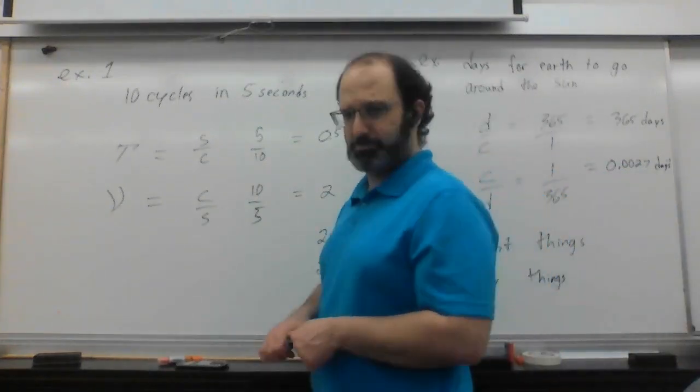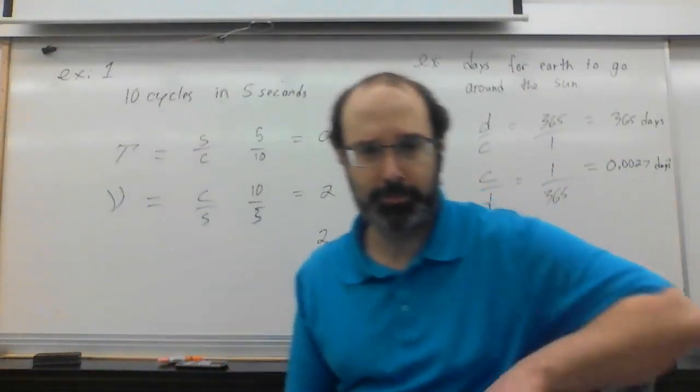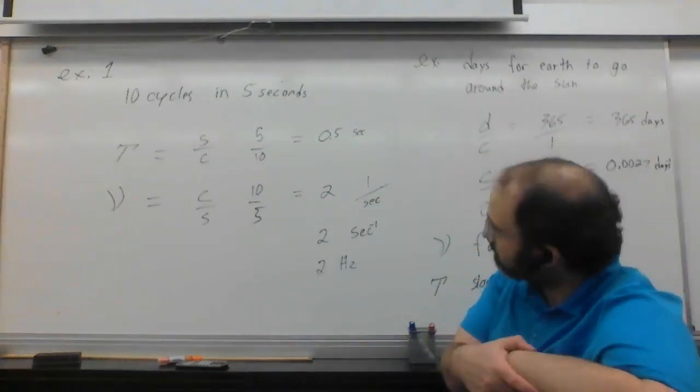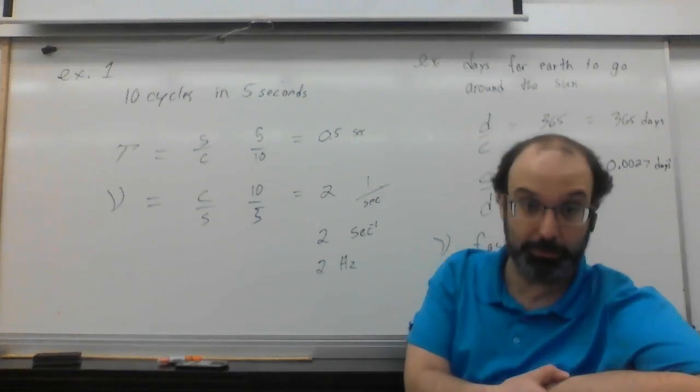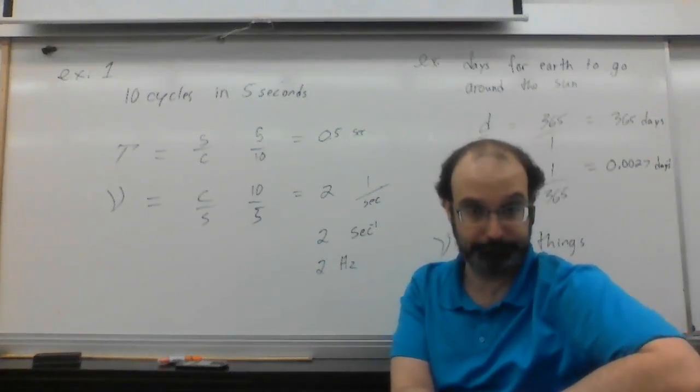The Earth is slow. It takes days to go around the sun. My little example here is pretty quick. It takes multiple cycles in 1 second.